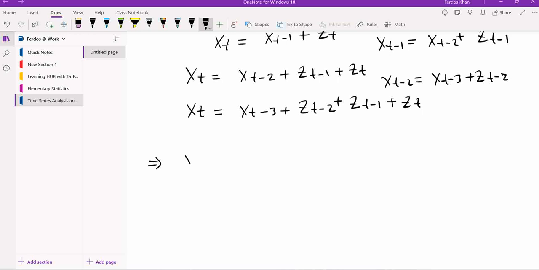When we go back all the way, this will be equal to X0 plus Z1 and so on, up to Zt minus 1 plus Zt.